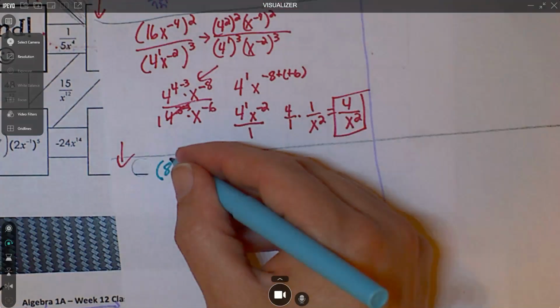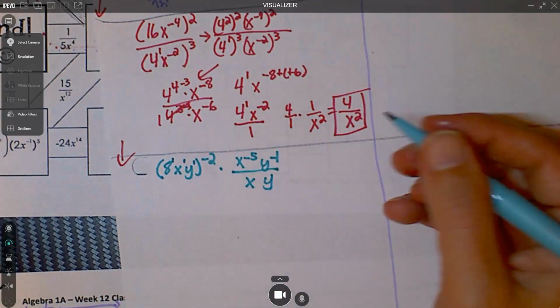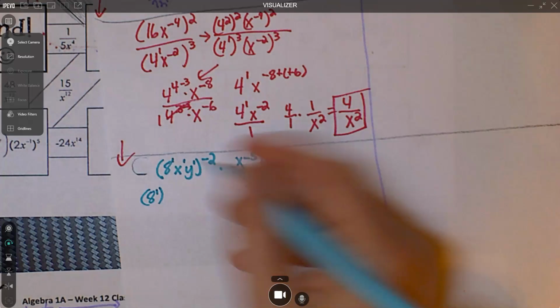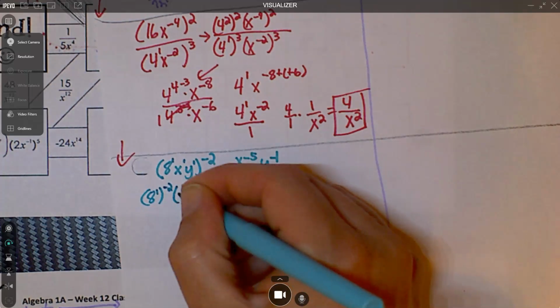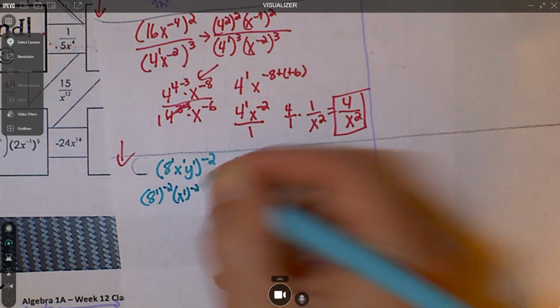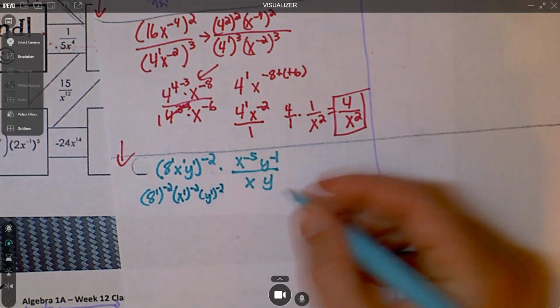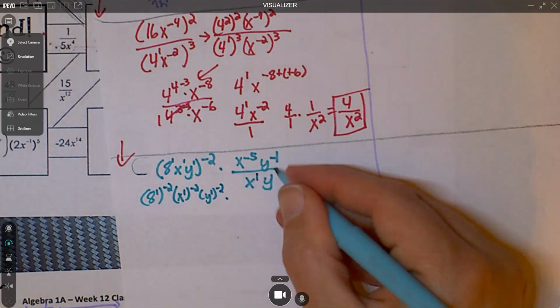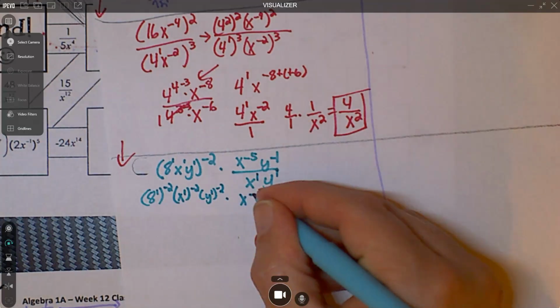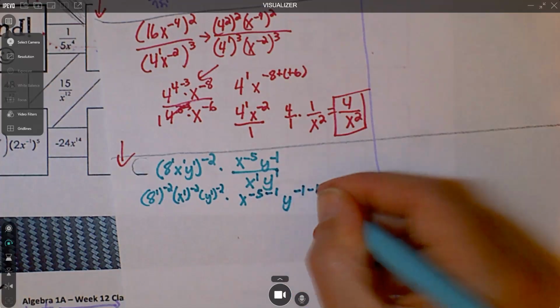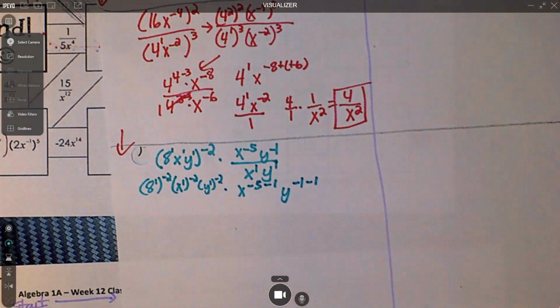What I do on this one particular, I do power to a power on all of them. And over here I do x, there's a 1 and a 1. This would be x to the negative 5 minus 1. Y to the negative 1 minus 1.